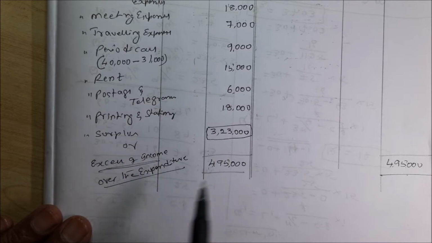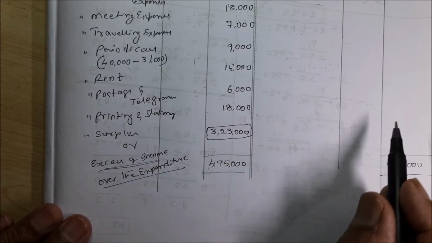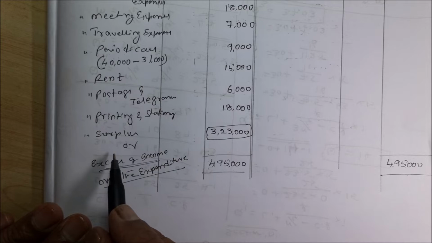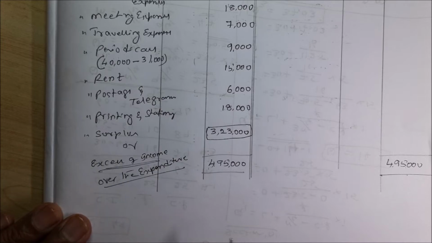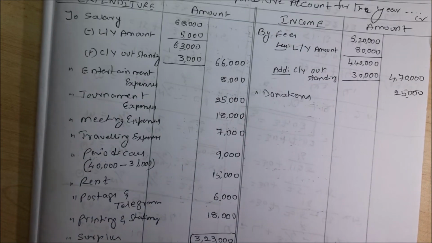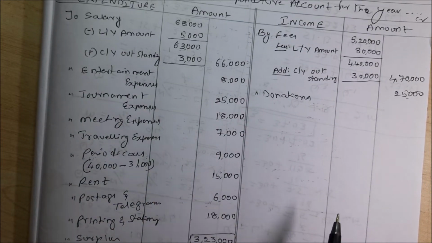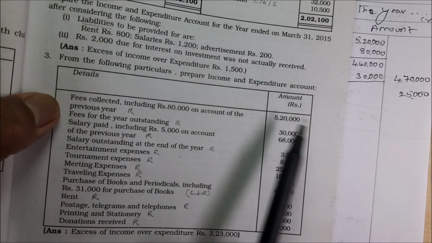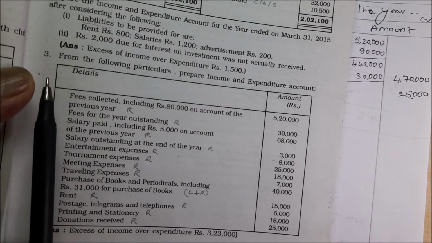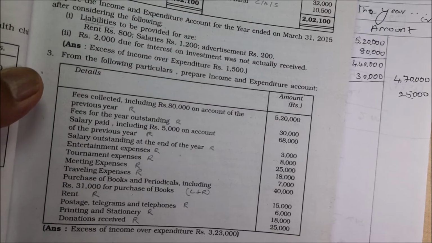If it is excess of expenditure, we get a deficit. If it is surplus, it will be added to the capital fund. If it is deficit, it will be deducted from the capital fund. So this is how you have to work out your income and expenditure problem in a special case as per the textbook, that is problem number 3.